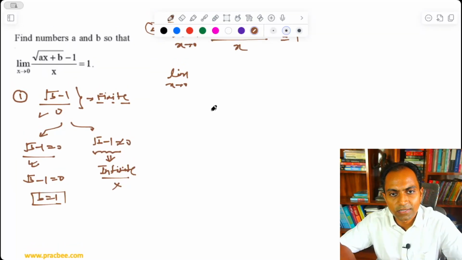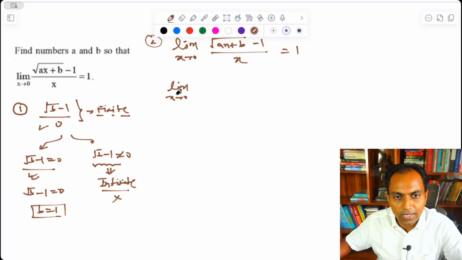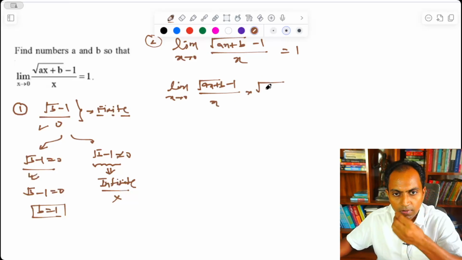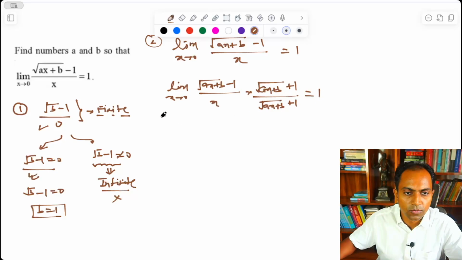If I rationalize, I should get my answer. I can rationalize this by multiplying and dividing by root of ax plus b plus 1. Now this is equal to 1. Let us see what happens if I rationalize.